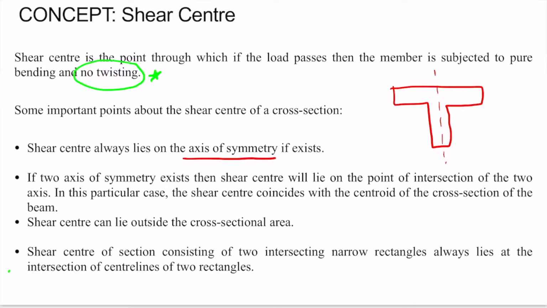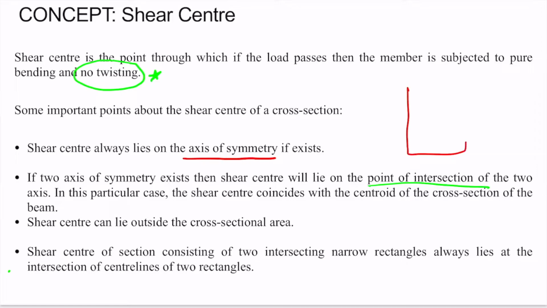If two axes of symmetry exist, then the shear center will lie at the point of intersection of the two axes. For example, consider a rectangular section. Rectangular section has two axes of symmetry. So according to this point, the shear center will lie at the point of intersection of the two axes. So here will be the shear center.